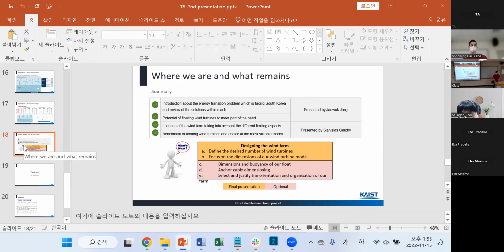If you take the example of Norway, they need 10 wind turbines of 15 megawatts each. So it's quite big. But we still need to focus on the number and the size, so we have to dimension it with the wind speed for each one.